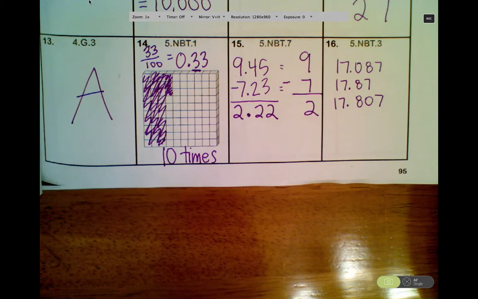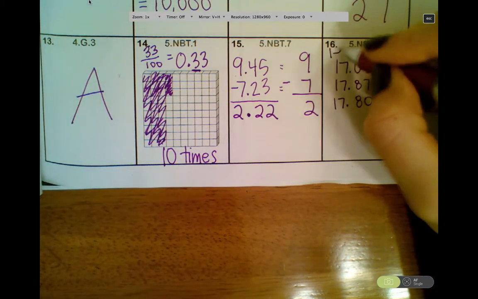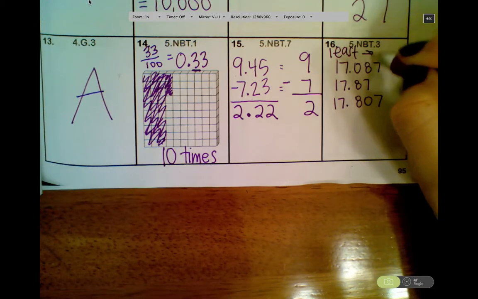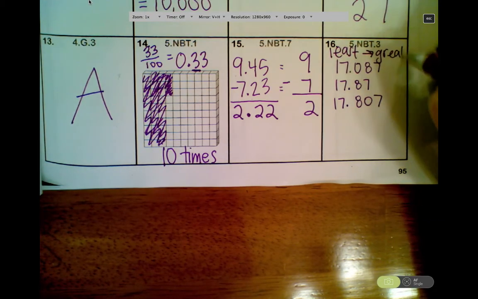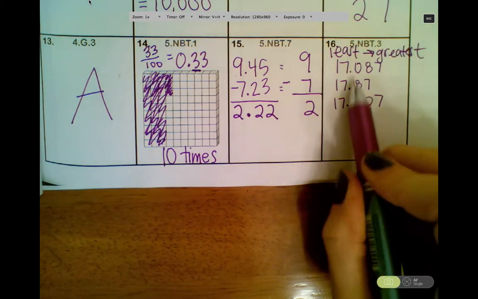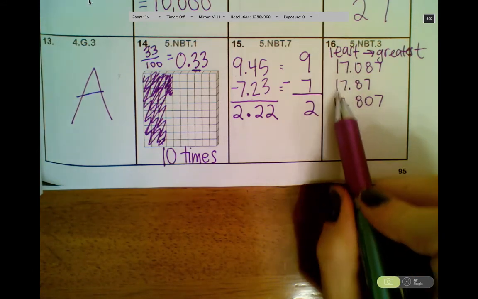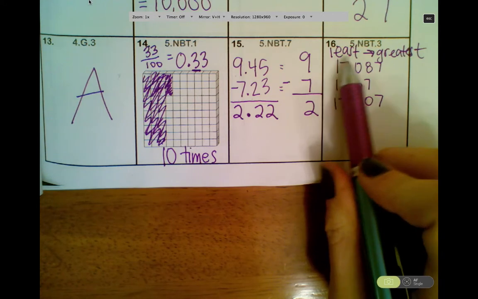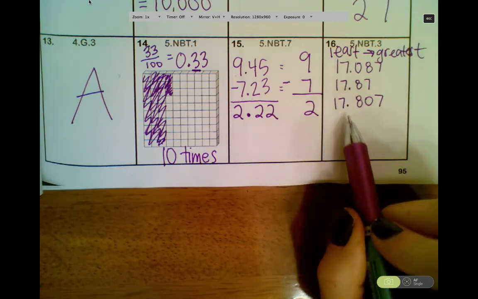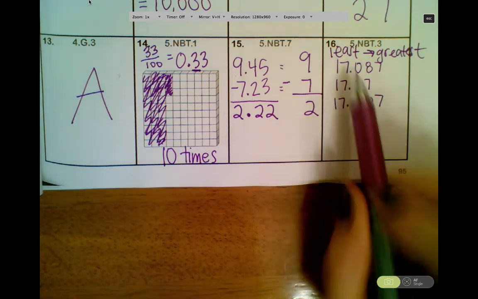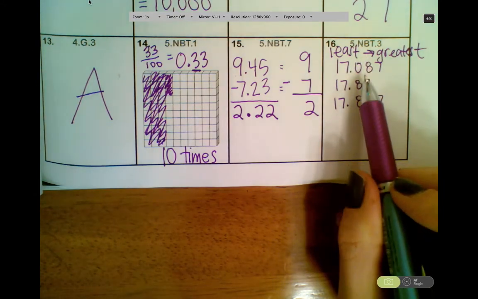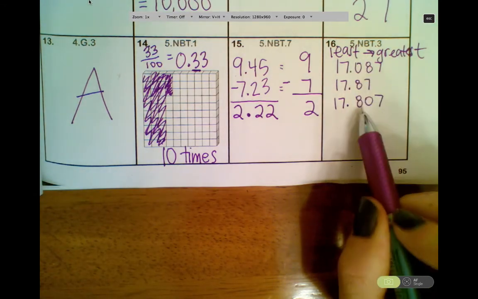And number 16, order the numbers from least to greatest. I've already lined up my decimal point, so now all I have to do is compare. I see in the tens place I have all ones, so I'm going to go to the ones place. Now I see they're all sevens, so I'm going to go to the tenths place. I have a 0, an 8, and an 8.